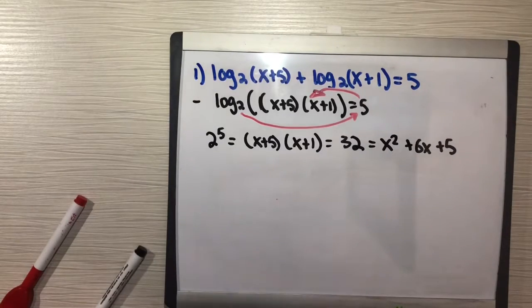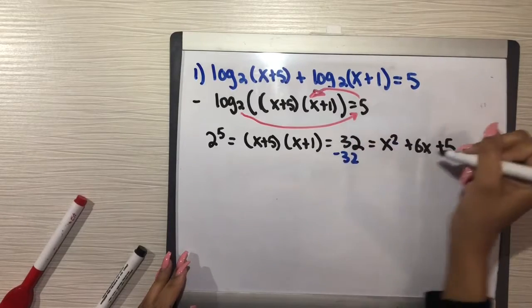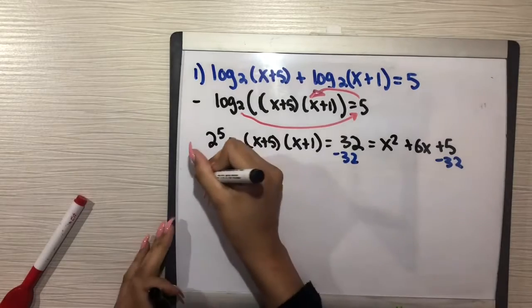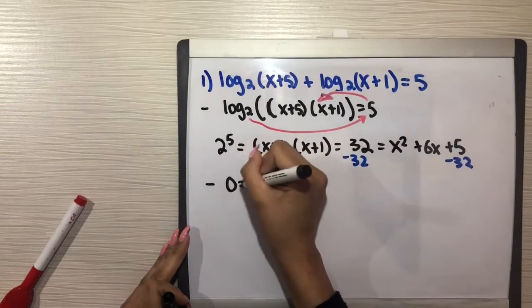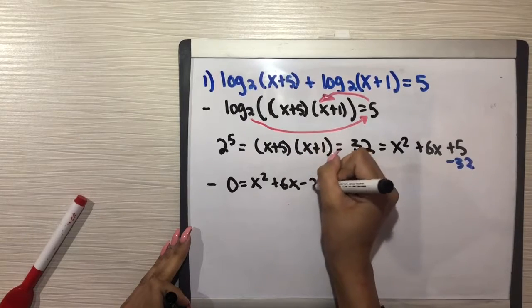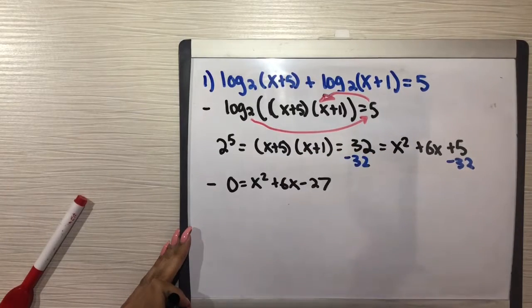Now for the second step, we have to subtract 32 from both sides, where you will obtain 0 equals x squared plus 6x minus 27.